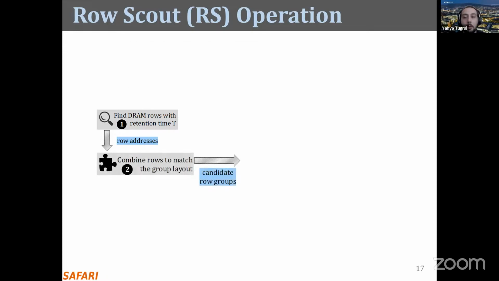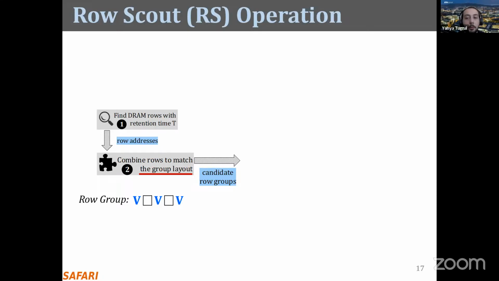Second, Row Scout puts together rows that have certain row address relationships among them, as indicated by the configuration parameter we call row group layout. Here is an example row group layout, which has 3 rows indicated by V, and they are one row apart from each other.